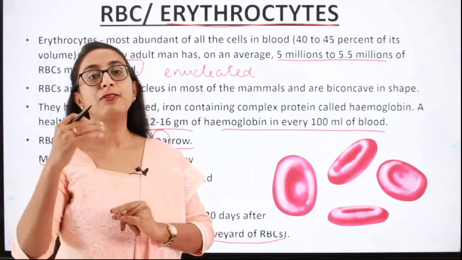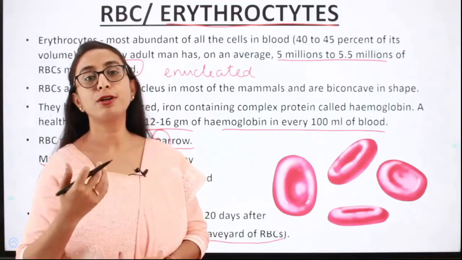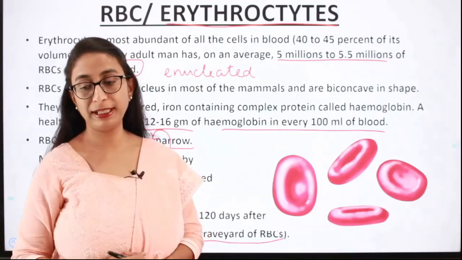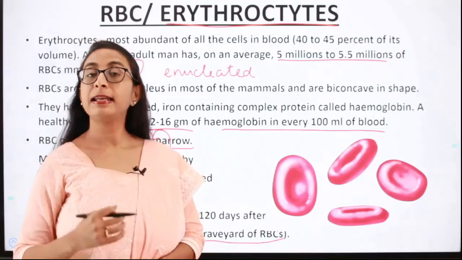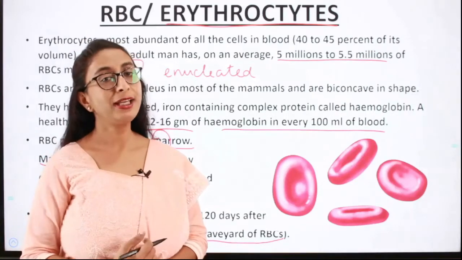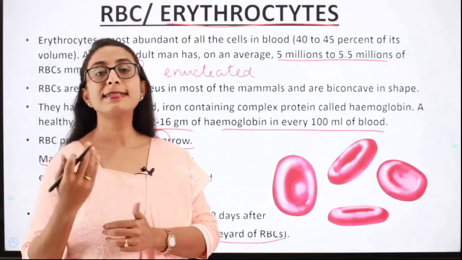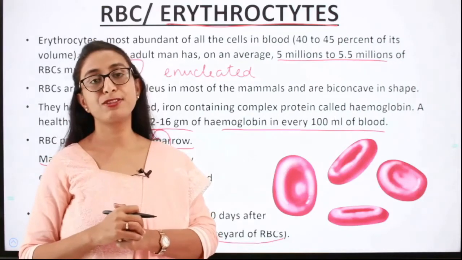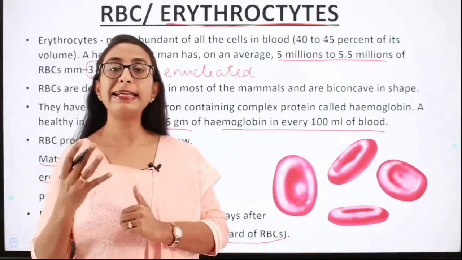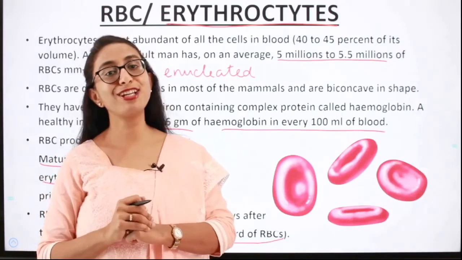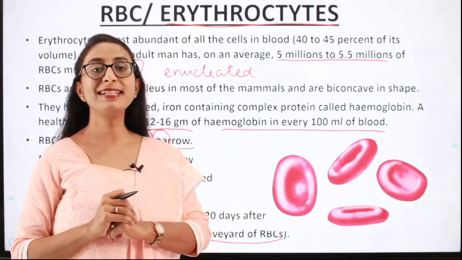The lifespan of RBC is 120 days, and it is the largest. Other cells like WBCs have a much lesser lifespan. After 120 days, RBCs are destroyed in the spleen.